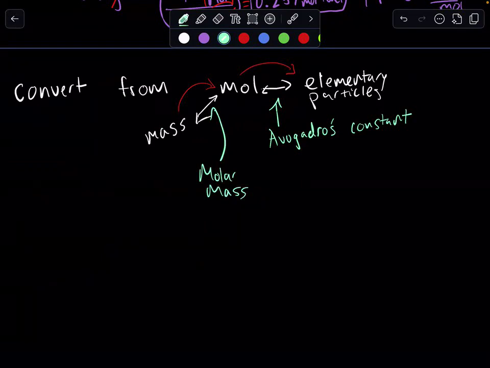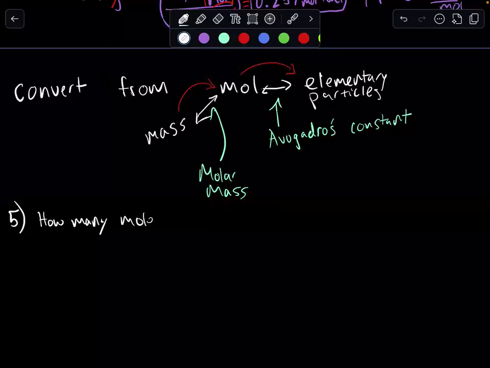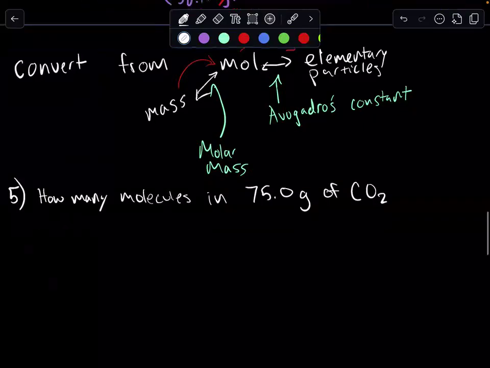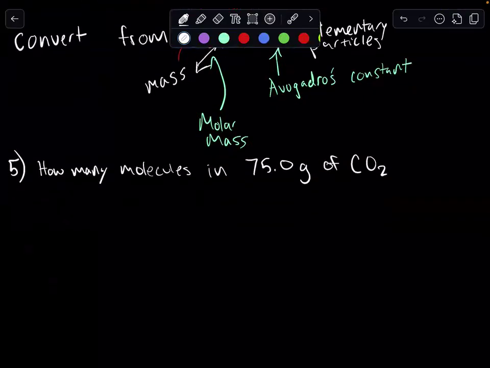So let's go ahead and continue our practice to number 5. How many molecules in 75.0 grams of CO2? So I'm going to do the thing that I've started with first every time. I will find my relative mass, m sub r.